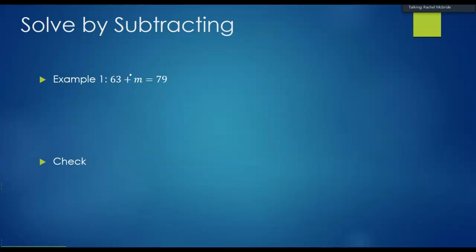All right, we have 63 plus m equals 79. Now, what do I do to isolate m? Dominique? Perfect. So this time I'm subtracting the 63. Okay, and who wants to tell me what 79 minus 63 is? I haven't heard from some of you yet. Abby, what do you get?